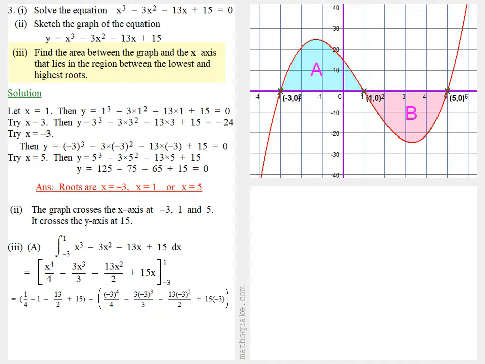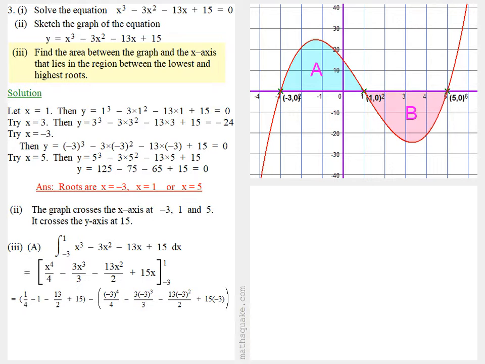So that gives us a quarter minus 1 minus 13 over 2 plus 15, take away, in brackets, minus 3 to the power 4 over 4, minus 3 times minus 3 cubed over 3, minus 13 times minus 3 squared over 2, plus 15 times minus 3.